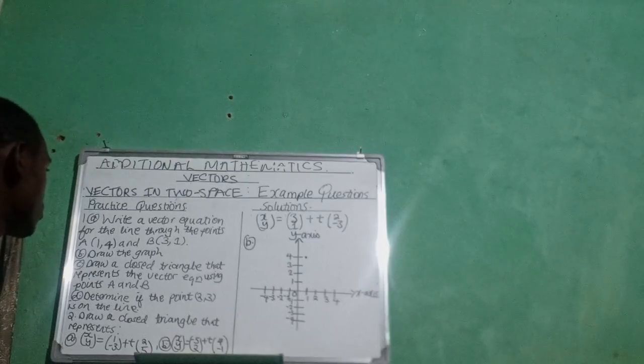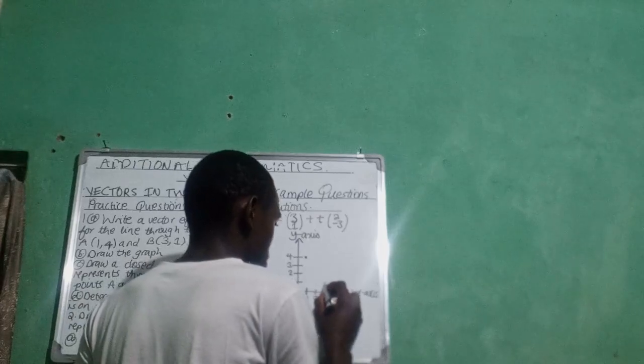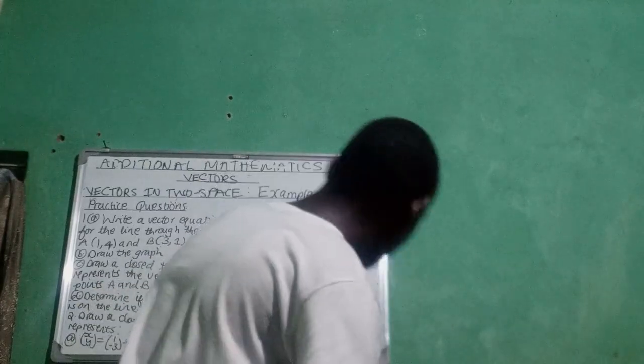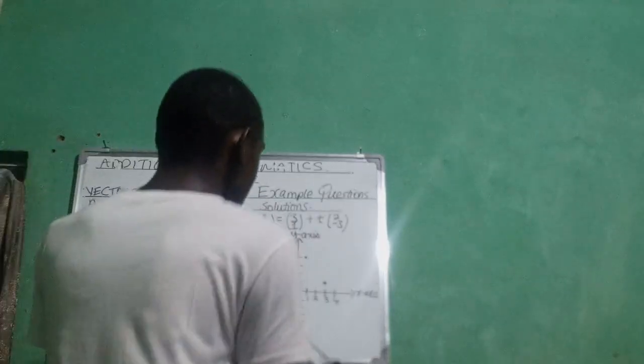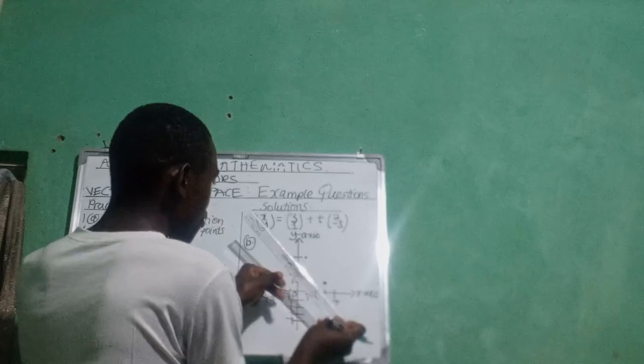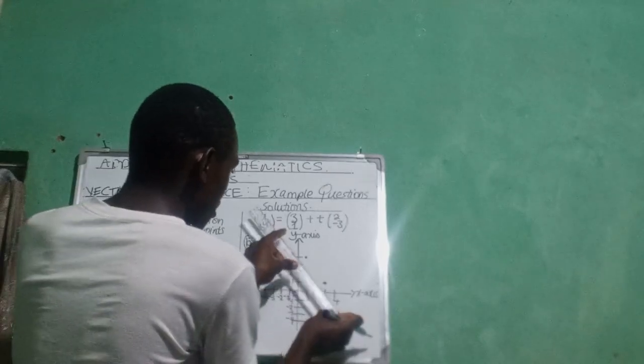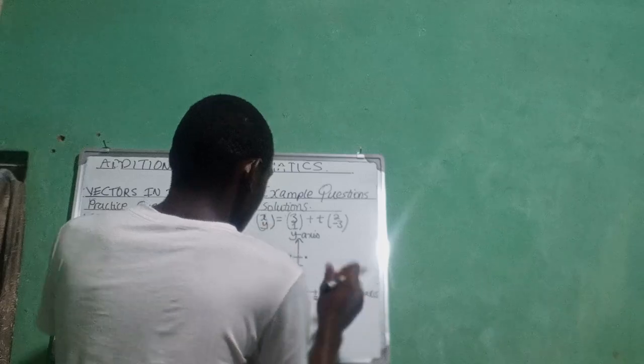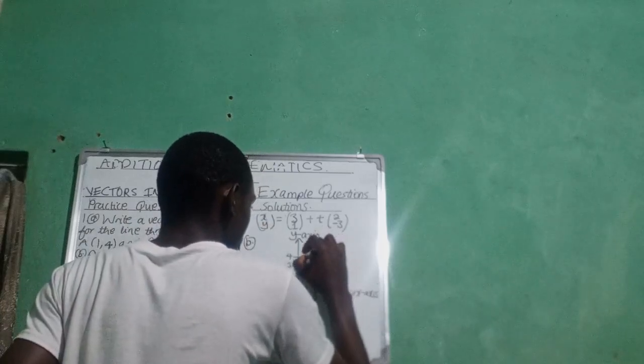Point B is simply 3, 1. So we have been given two coordinates like that. Then we'll just carry on with connecting these 2 points, drawing a line that connects these 2 points.